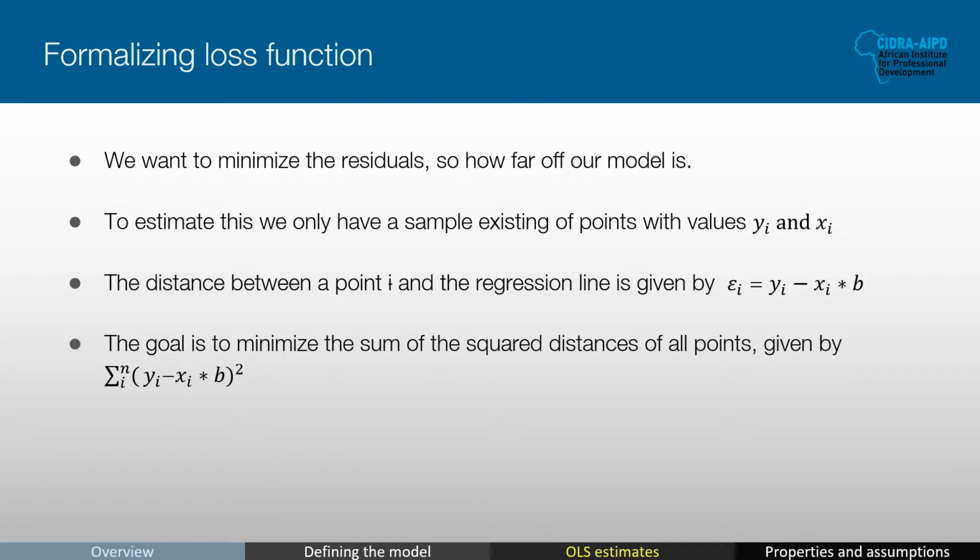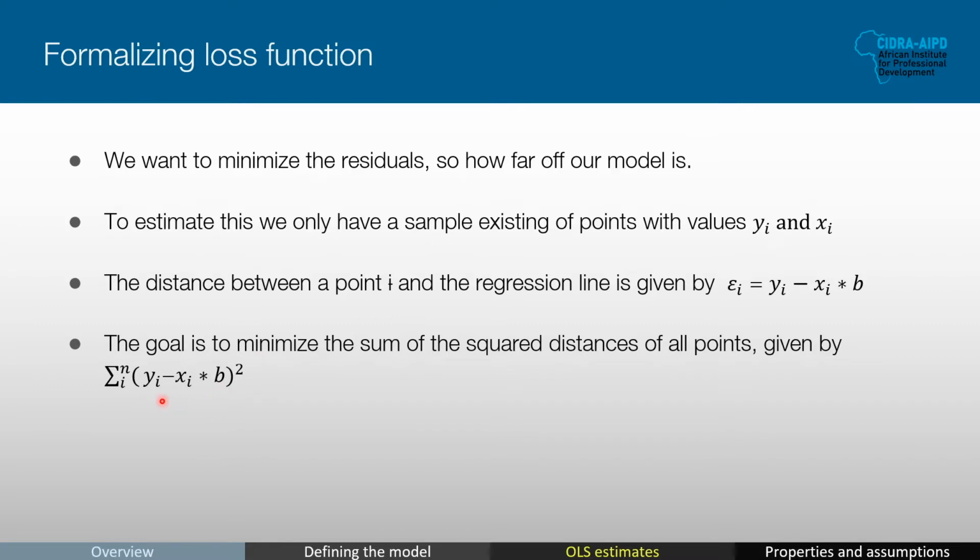In mathematical terms, what we're going to be minimizing is the loss function, which is given below. It's the sum of y minus x times beta over all the observations i. This is what we see here. We're going to square the values to make sure that positive and negative differences don't cancel each other out, and because it has some desirable mathematical properties later on.